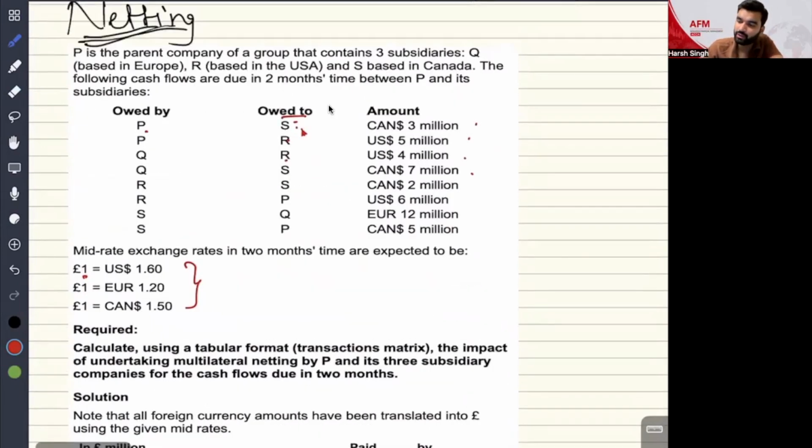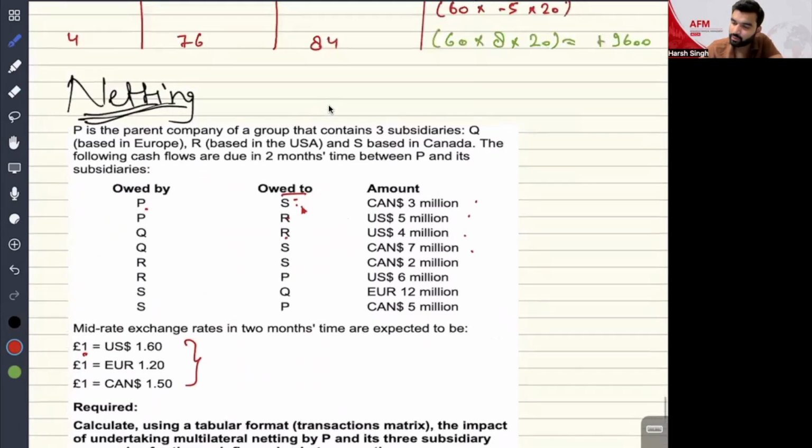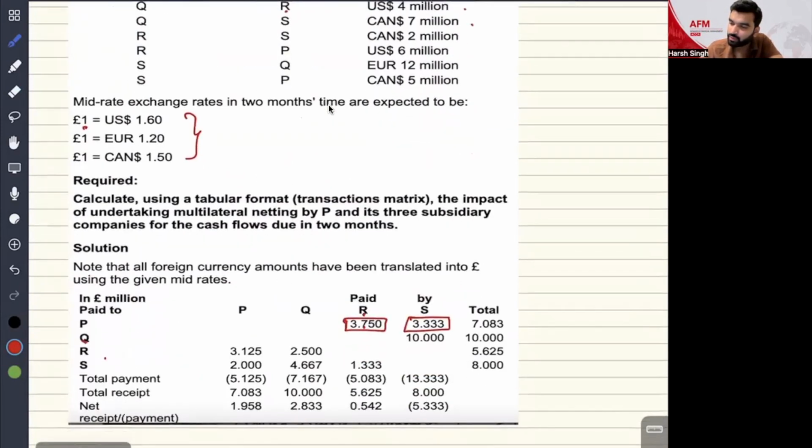Then payment to R by Q, this is the amount. So we just have to note down all the amounts together, right? Then make a total of this table and make a total of this one, right? You have to make a total.